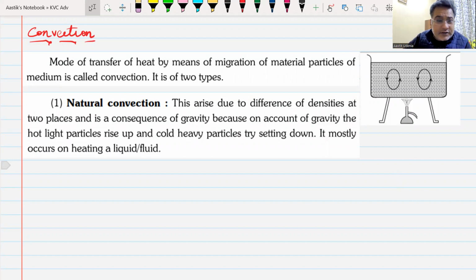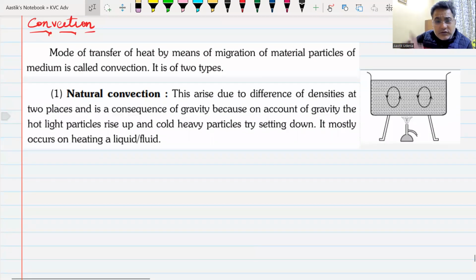Then this heated water becomes light and it goes up, colder water comes down, and in this way the entire water gets heated up by the actual flow of water. Hot water goes up and colder water comes down.